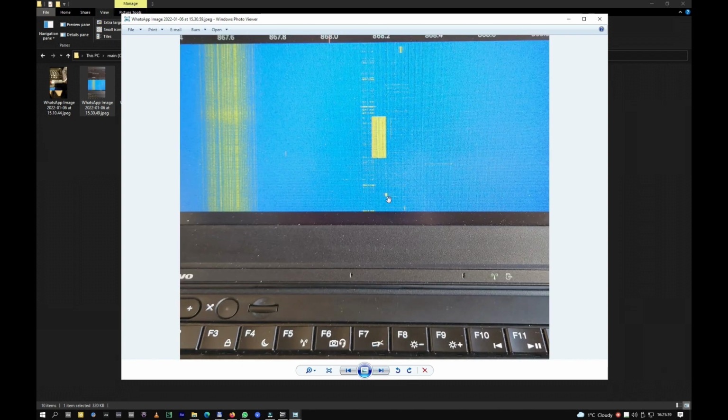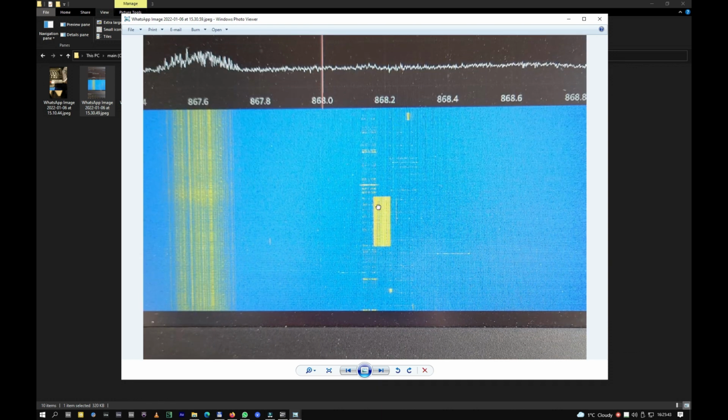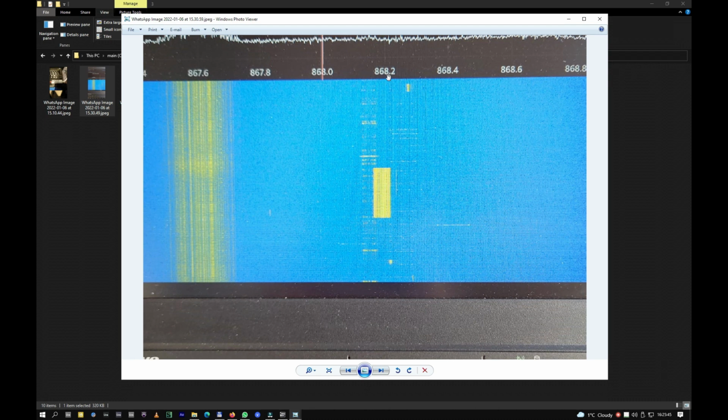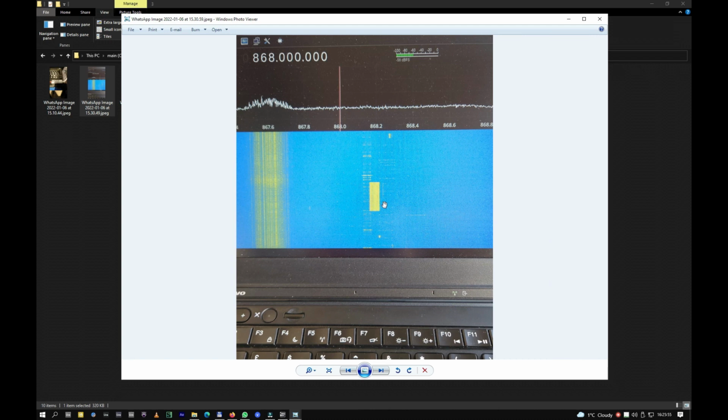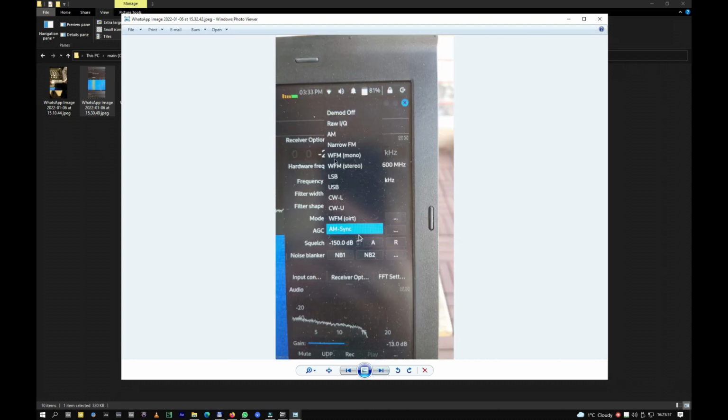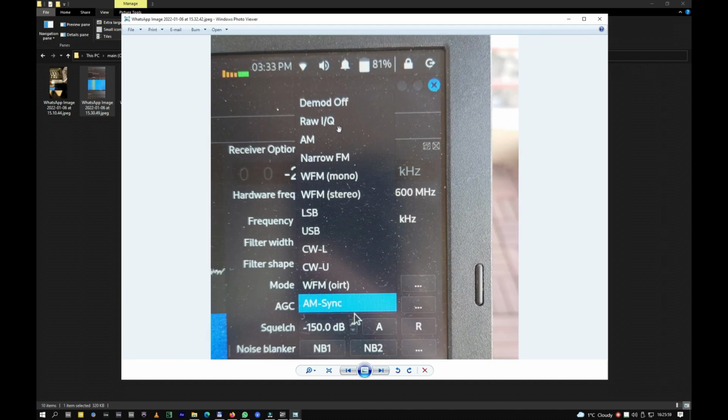Suddenly something else appeared, exactly on 868.2. I don't know if it's related to beacons, but in my opinion it's too long for a beacon. And that's another one.